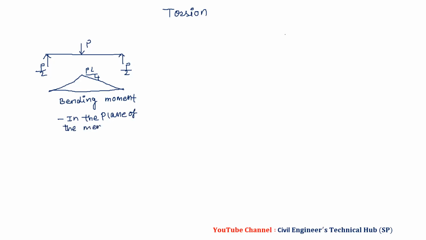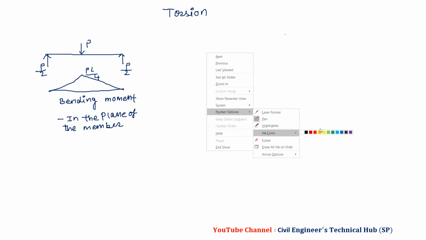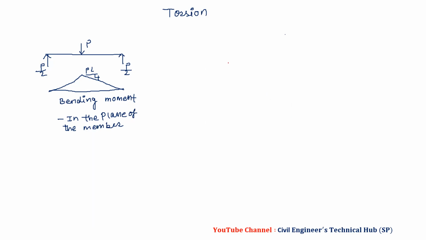And second we have torsion. Now how is this torsion developed? Try to understand this. We have a beam and a cantilever is attached to it. This cantilever is perpendicular to this member and then a load is applied on it.